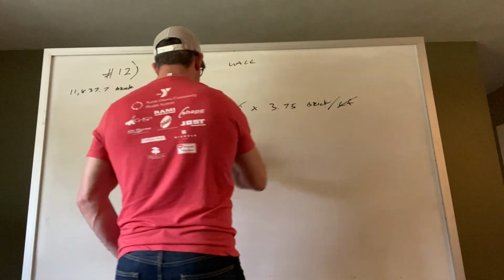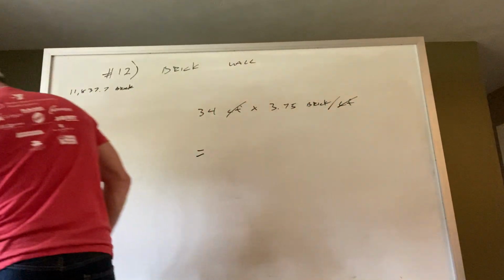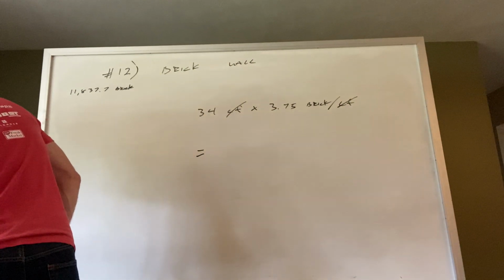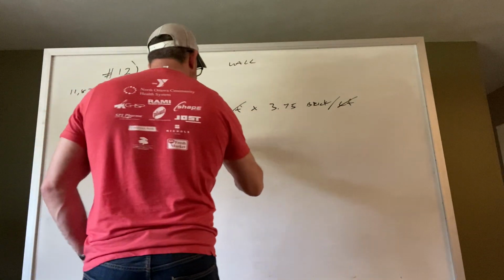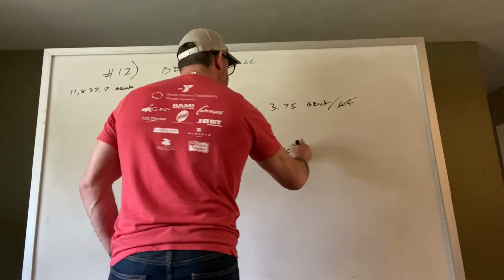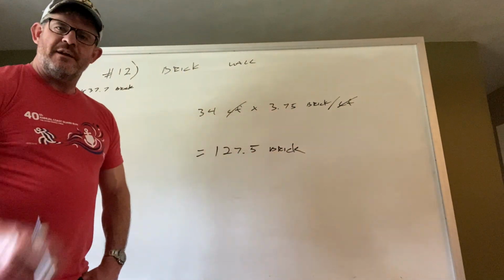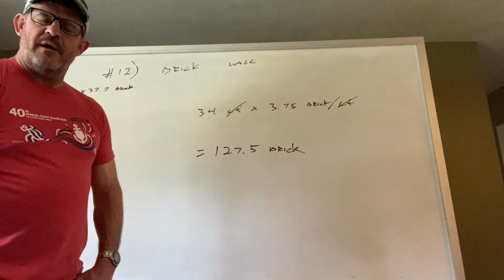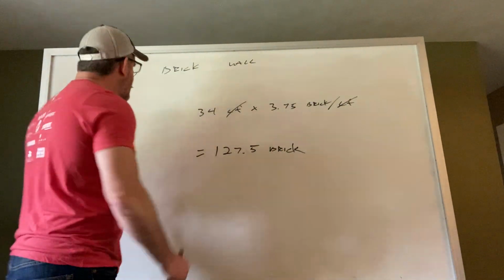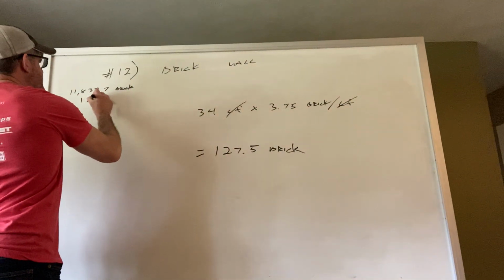My lineal feet are going to cancel, and what am I going to get? Everybody go ahead and do that math. I'm going to get 127.5 brick. So again, on your assignment, solve for your roll-lock sill, and then add it to your total.